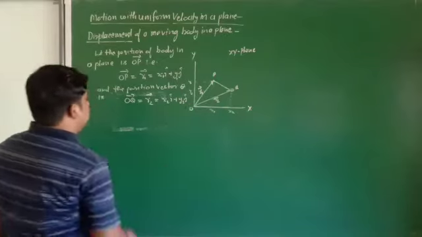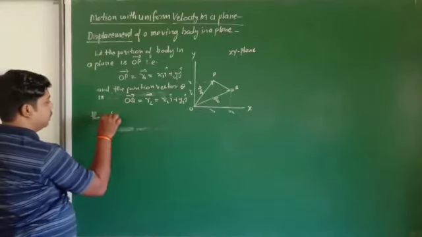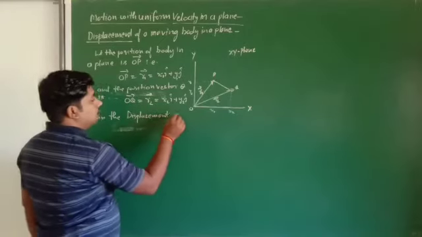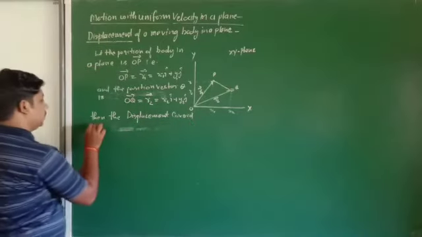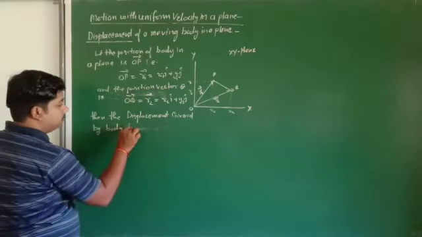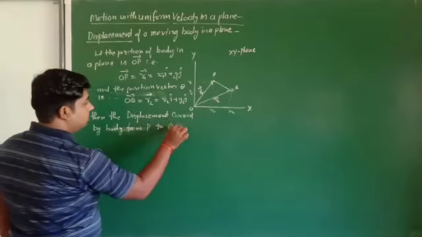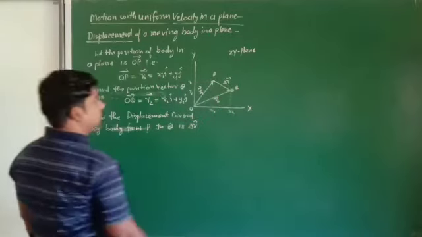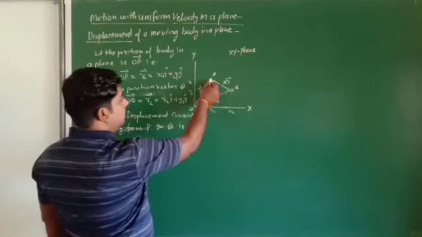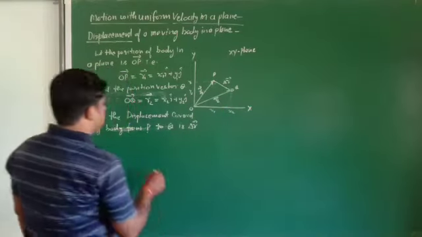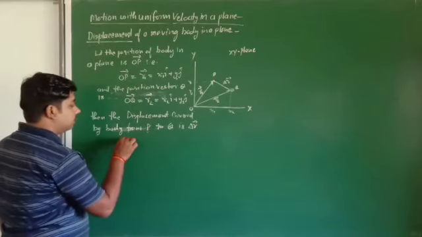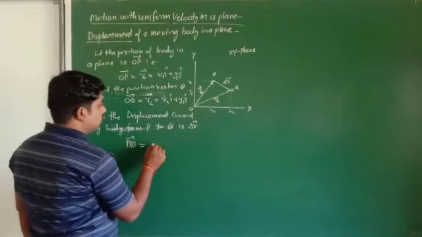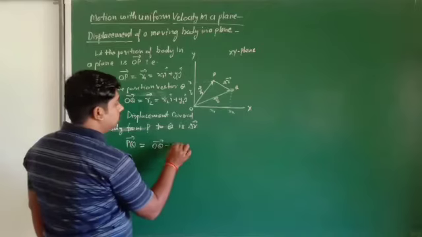So the displacement covered by the body from P to Q is delta R. This is also a vector quantity because it has direction from P to Q. So delta R, which is vector PQ, is equal to OQ minus OP.